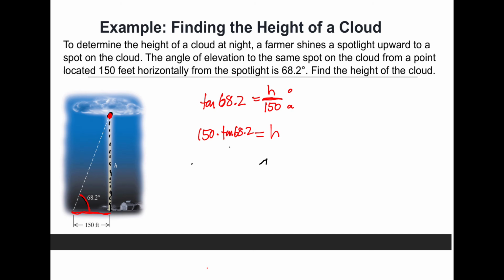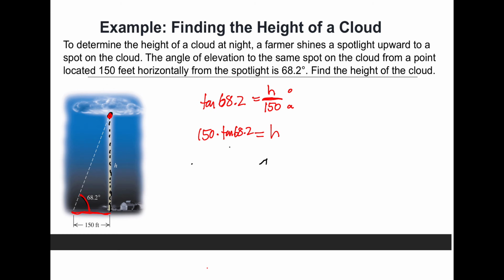We expect it to be reasonably longer than the 150 feet, just looking at the picture, but you can't always tell by pictures. Sometimes, especially if you're drawing them, we don't really know how high that is because we're not there.